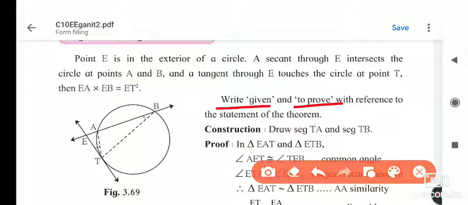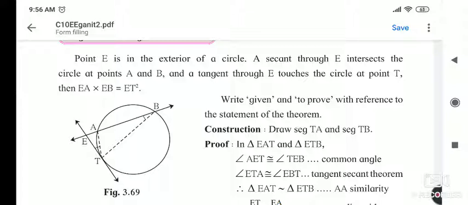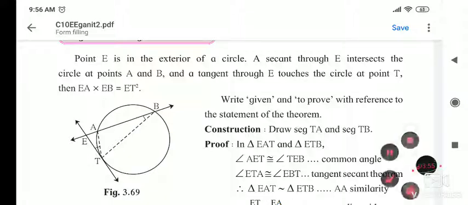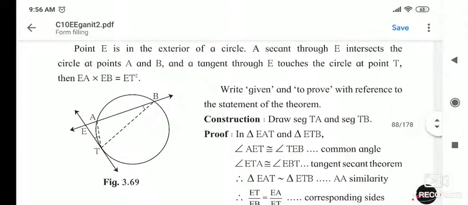The given is: in a circle, secant AB and tangent ET intersect each other at point E, exterior to the circle. Again, the tangent ET and secant AB intersect each other exterior to the circle at point E. This is the given.